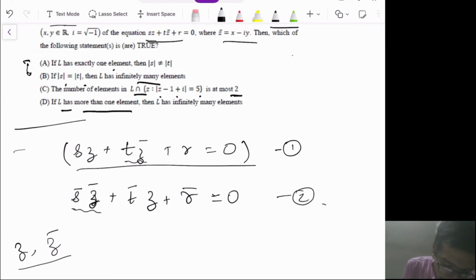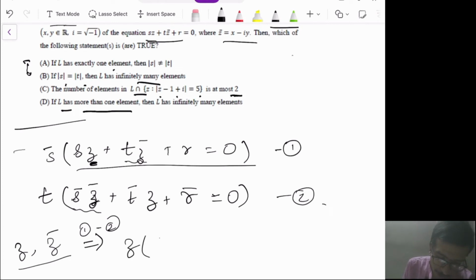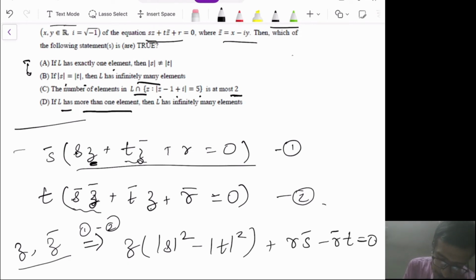If I multiply the first by s bar and the second by t and subtract them, that will eliminate the z bar term. And with z, the coefficients are going to be mod s square from the first minus mod t square from the second, plus r s bar minus r bar t, equals 0.